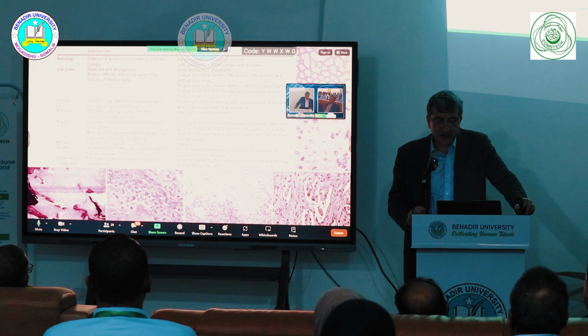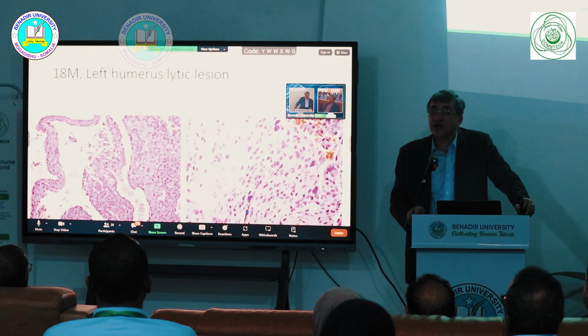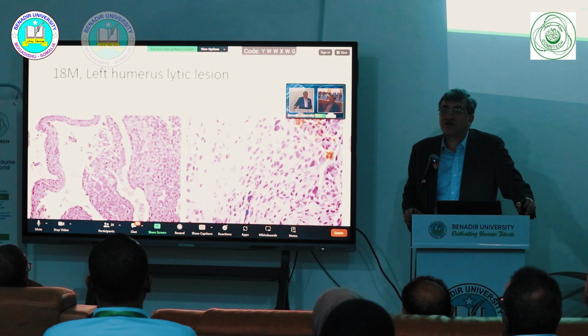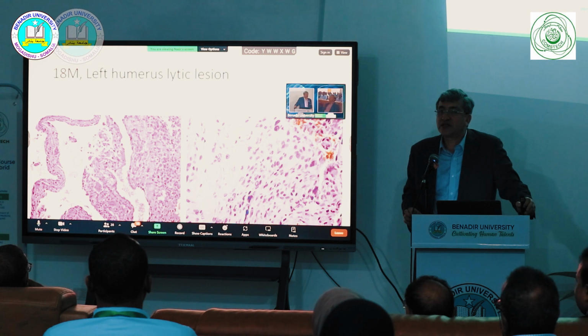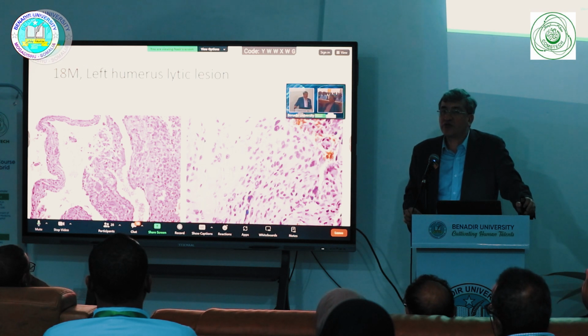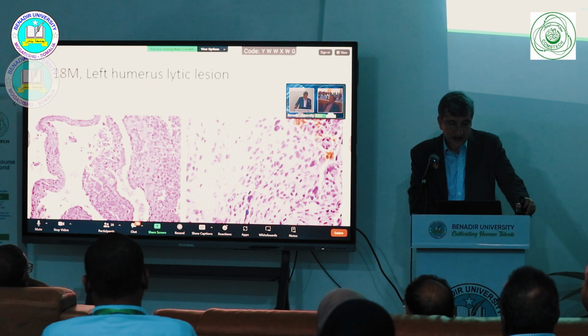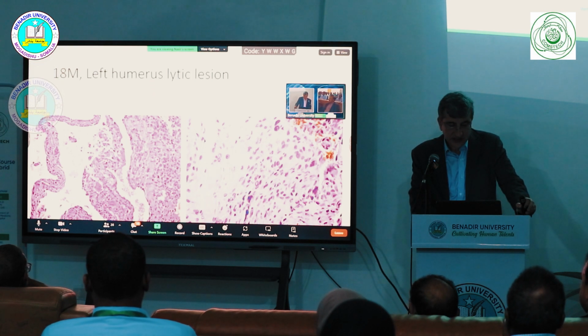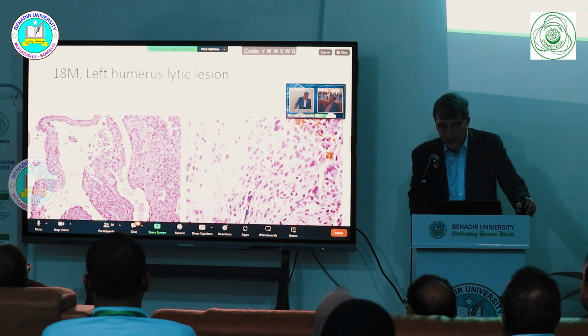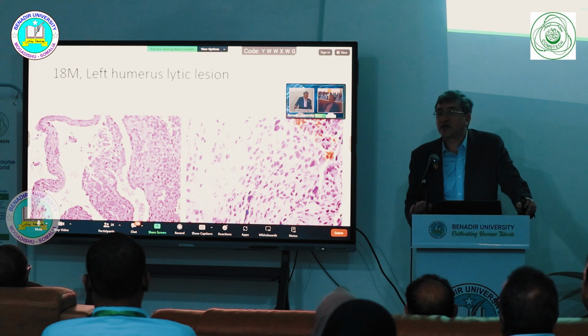18-year male patient, left humerus lytic lesion. So any idea without radiology on this case? Benign or malignant, or what is the lesion? It shows some cysts, giant cells, and some ovoid to spindle cells.